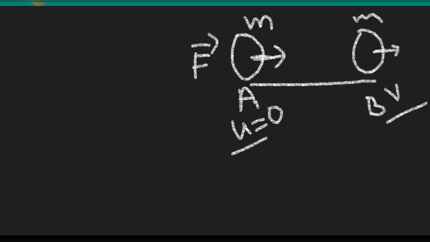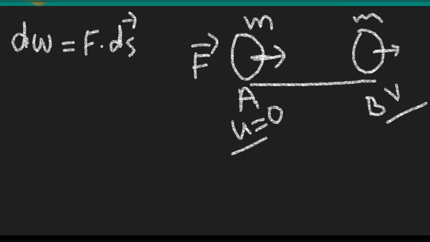Now let's take the equation of work. Suppose the small work done on the object is dW. We know that dW is equal to F dot ds, the force applied on the object and the displacement it has gone through, ds.